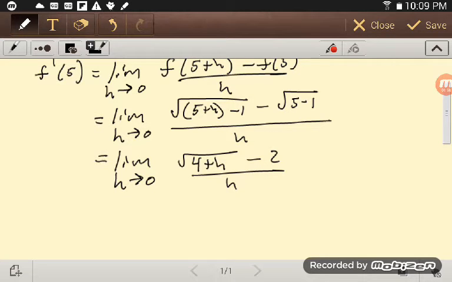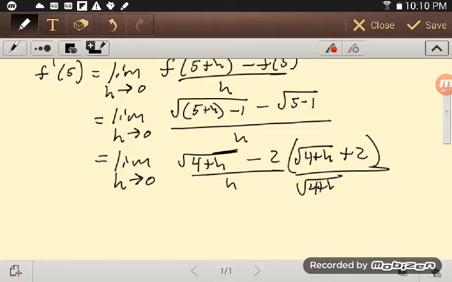over h. Now the problem is I can't combine these because of that darn square root right there, and so again I need to pull that trick where I multiply by the conjugate of the thing involving the root, so the square root of 4 plus h plus 2, over the square root of 4 plus h plus 2.